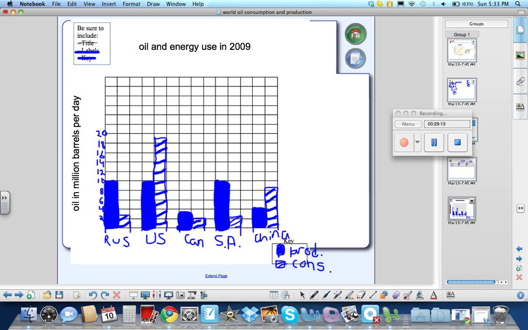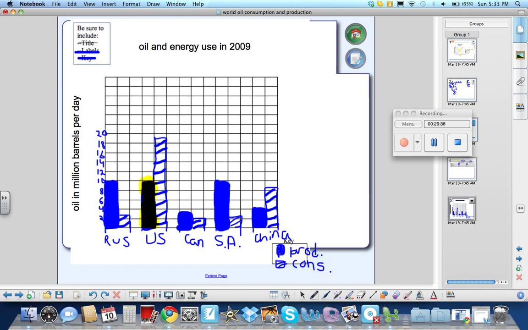Sorry about that. And if you notice, the other countries that consume more oil than they produce are the other ones that we haven't used yet. If we said that Russia, Canada, and Saudi Arabia produce more oil than consume in number 3, then number 4 would be the other two countries. Well, that makes sense.